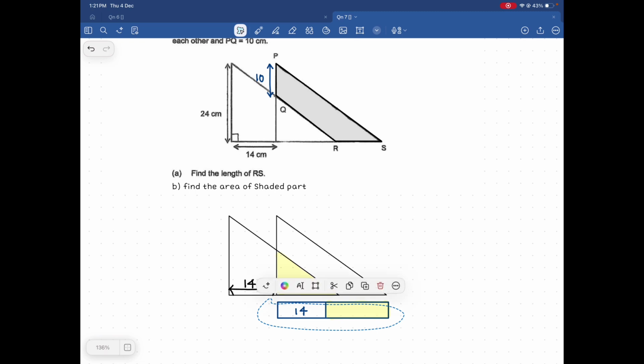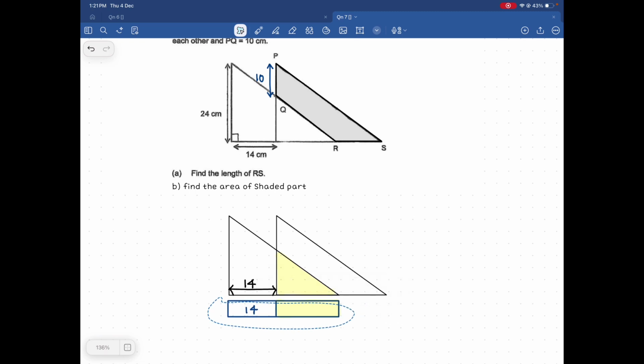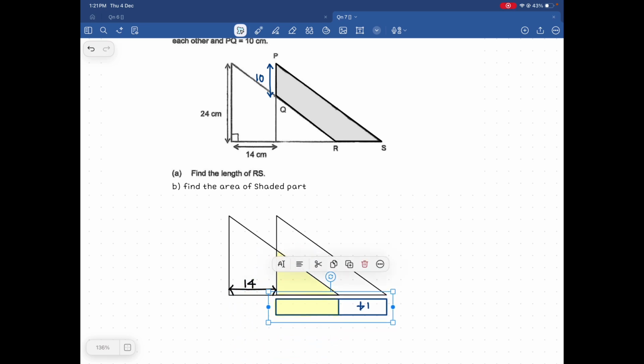But I wanted the yellow part to stay the same because that's where it overlaps. So I'm going to turn the rectangle around, and overlap the yellow part again. And you'll notice that the part represented by 14 is exactly where RS is. So the length of RS is 14.